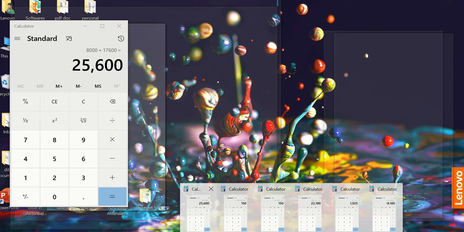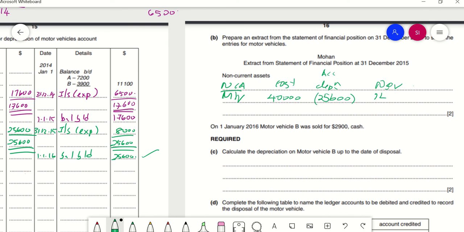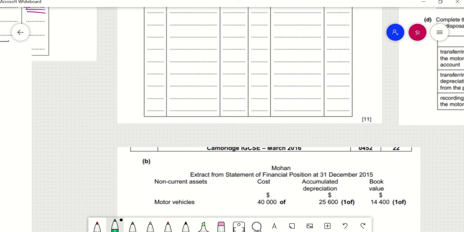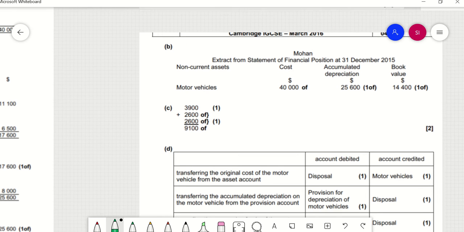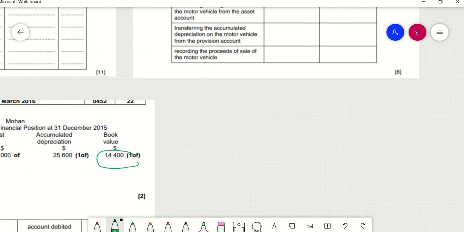So that is 40,000 take away 25,600, which gives you 14,400. So let's check whether you got the same answer over here. So you can see that we got the same answer.